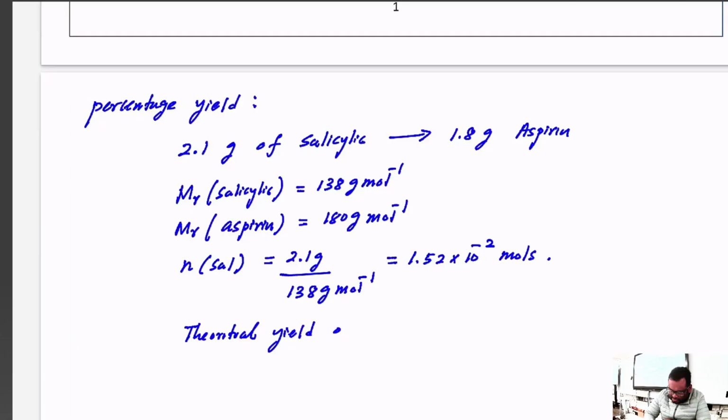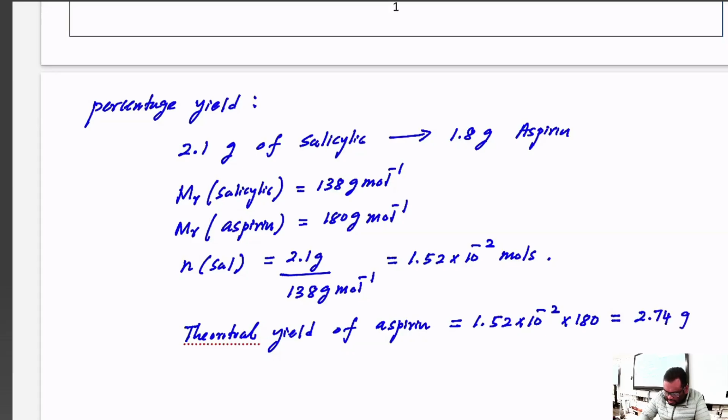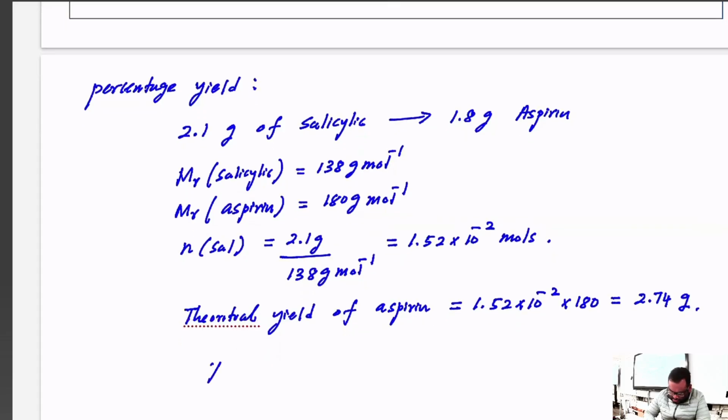Because of 1-to-1 stoichiometry, this number of moles multiplied by the molar mass of aspirin, 180, gives 2.74 grams.